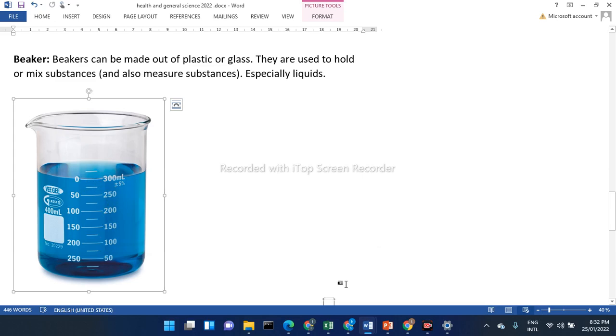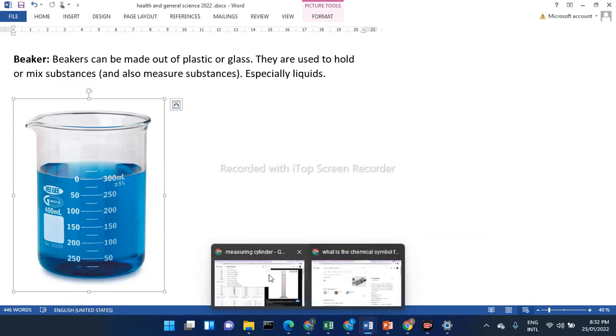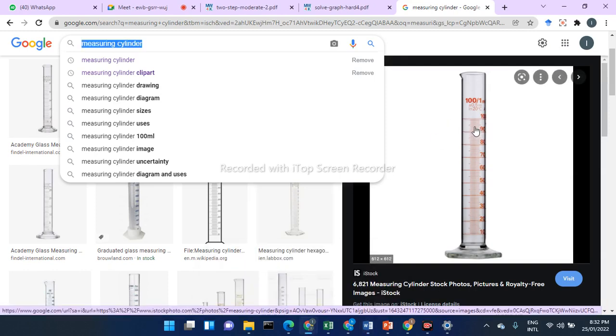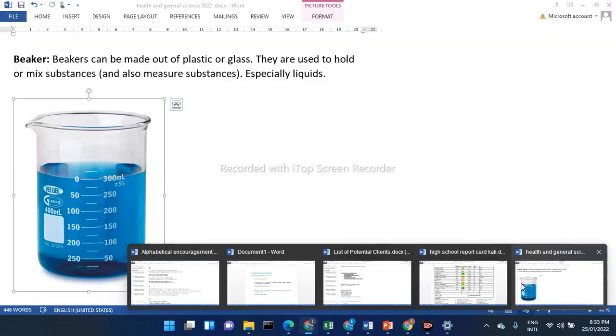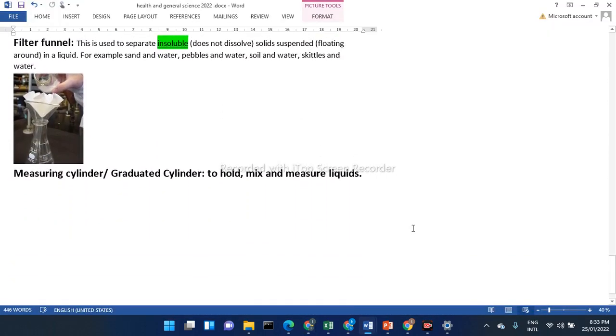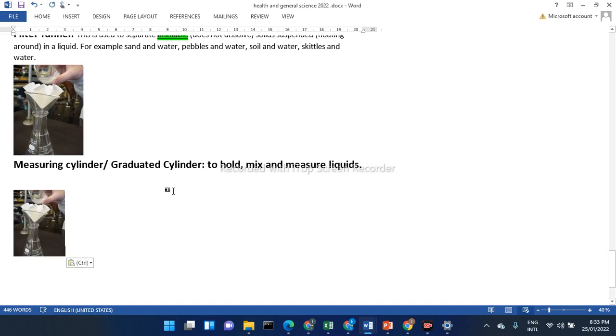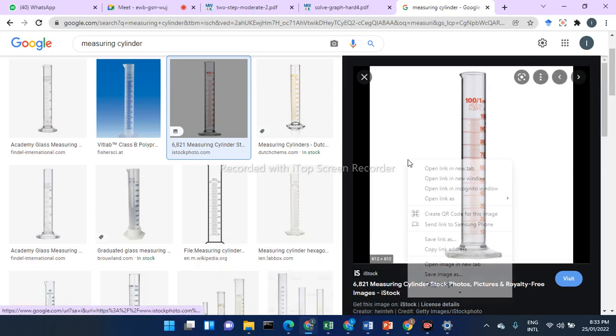But with a measuring cylinder, it gives you a more accurate reading because of the smaller units and because the slices are more identifiable. All these lines show you the different units, so you can precisely say how much volume the liquid has, or the capacity of the fluid. So, measuring cylinder.